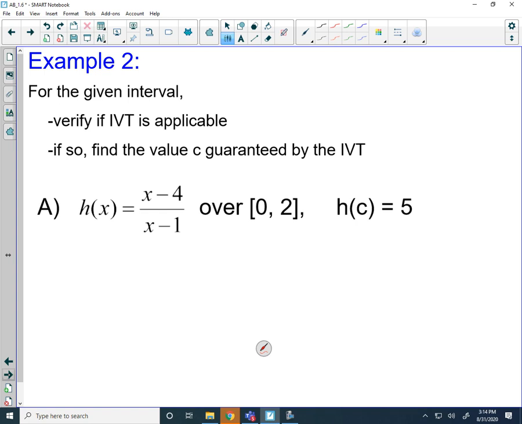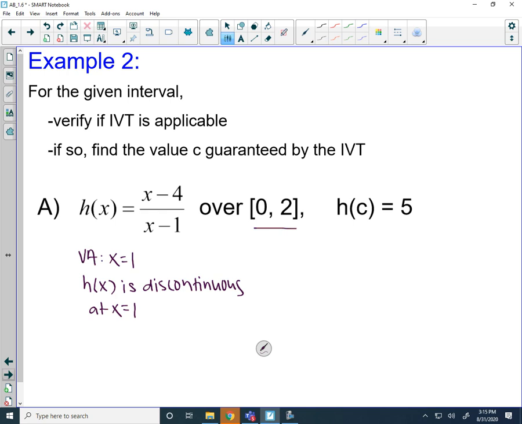All right, number 2, same instructions, different function. Looking at h of x, first thing I'm checking is is it a continuous function on the interval given. Well, I know that there's a vertical asymptote at x equals 1. So I know h of x is discontinuous at x equals 1.